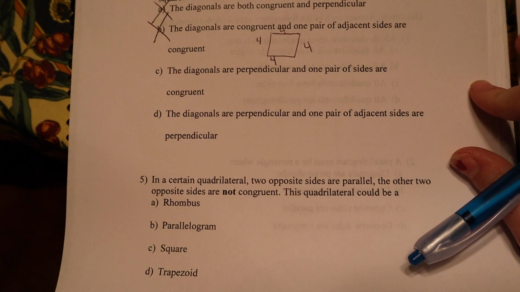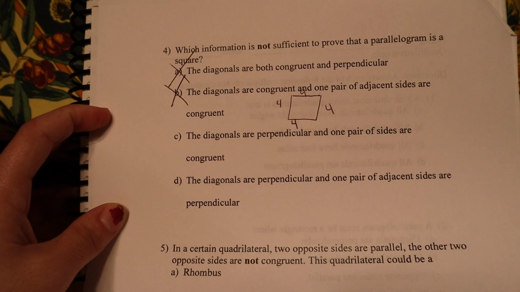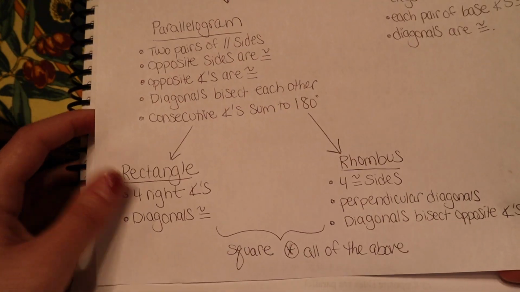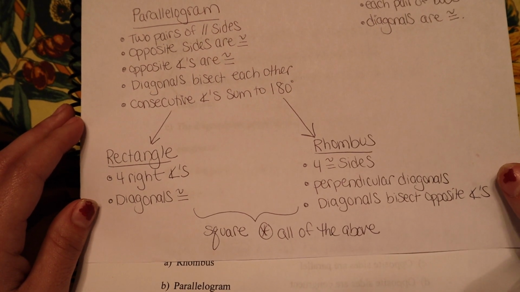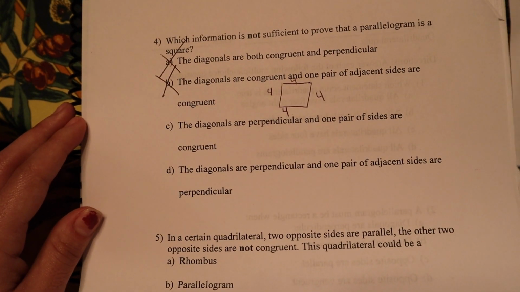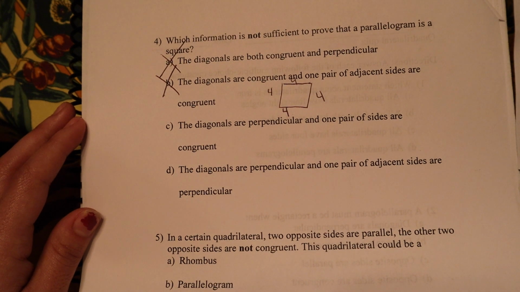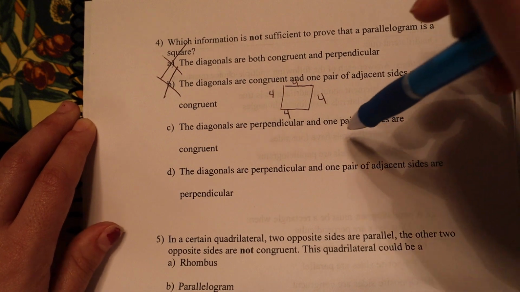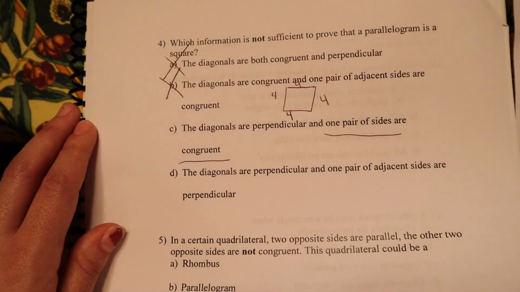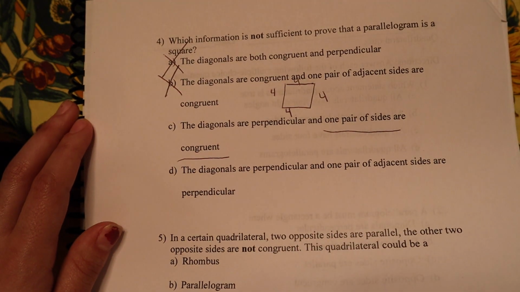The diagonals are perpendicular, and one pair of sides are congruent. The diagonals being perpendicular is a property of a rhombus. One pair of sides are congruent. Now, if you only have one pair of sides congruent, you're not going to be a square.